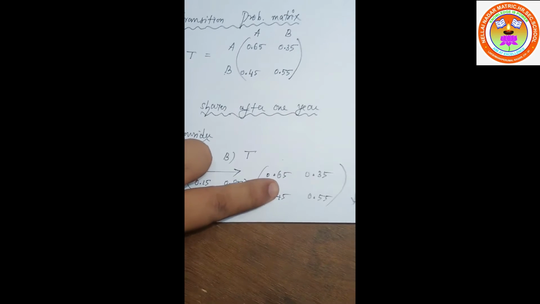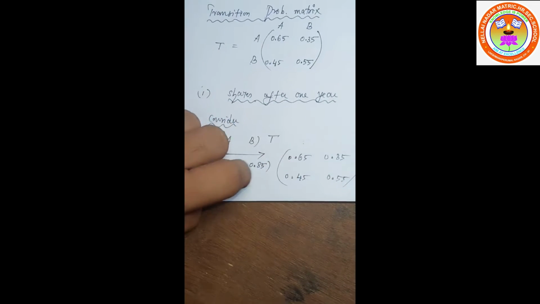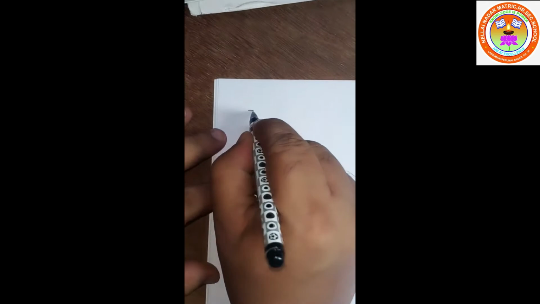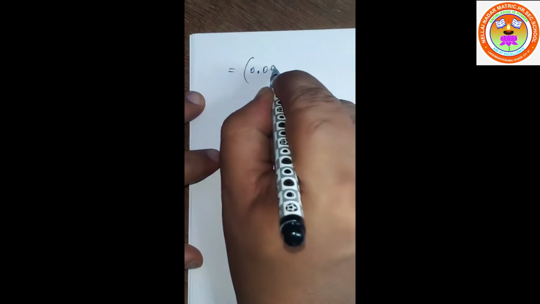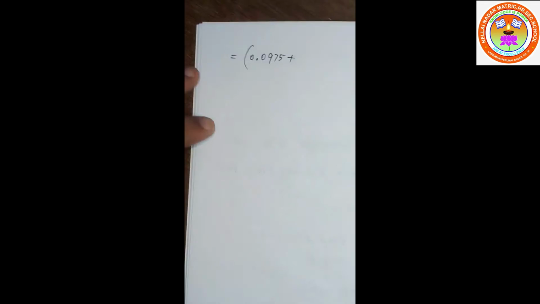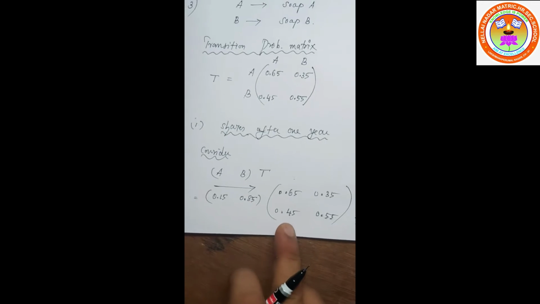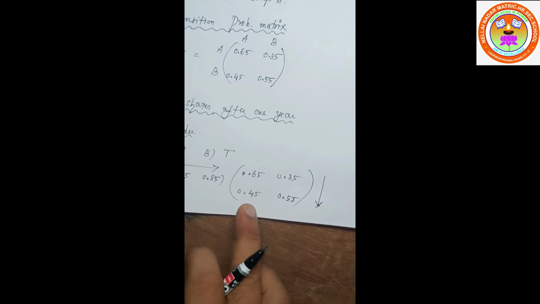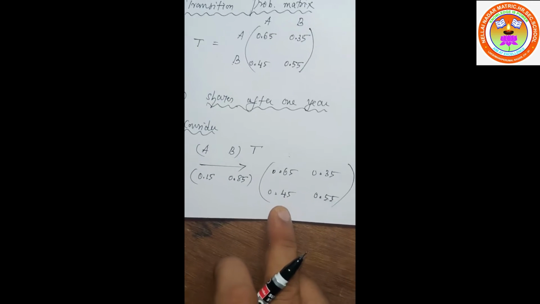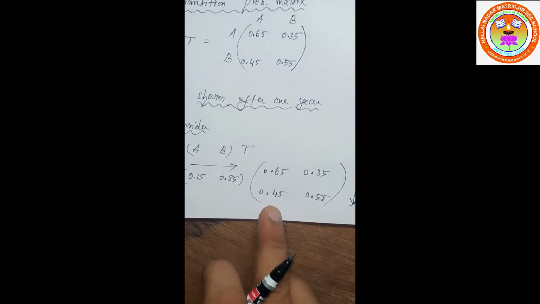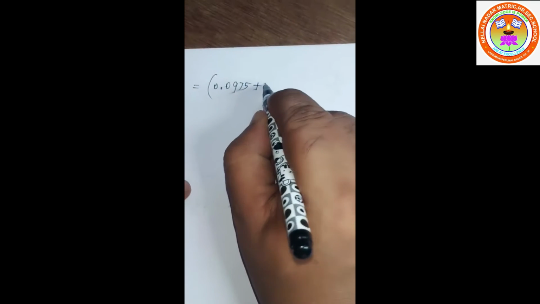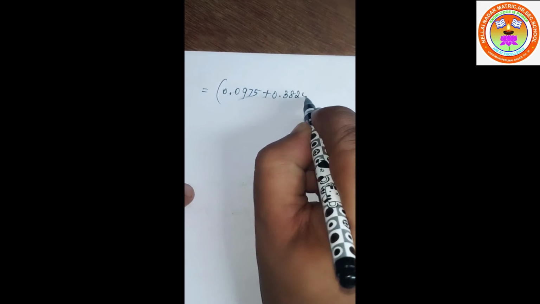0.15 into 0.65, that is equal to 0.0975, plus 0.85 into 0.45, that is equal to 0.3825.